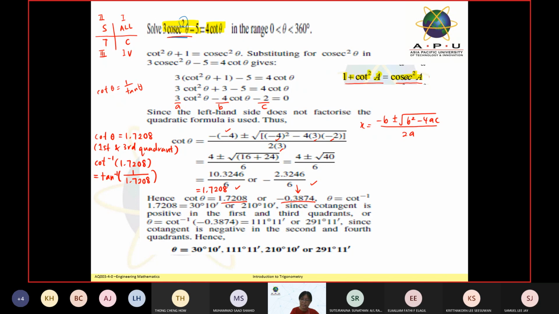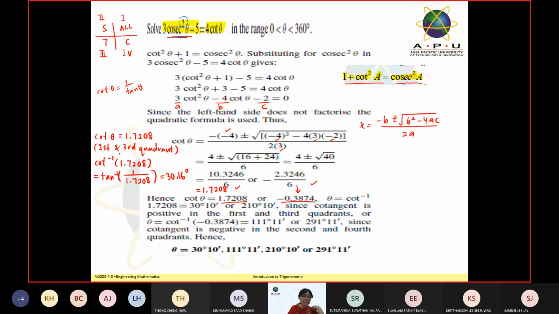Let's calculate. You should get 30.16 degree, and the answer given here is 30.16.